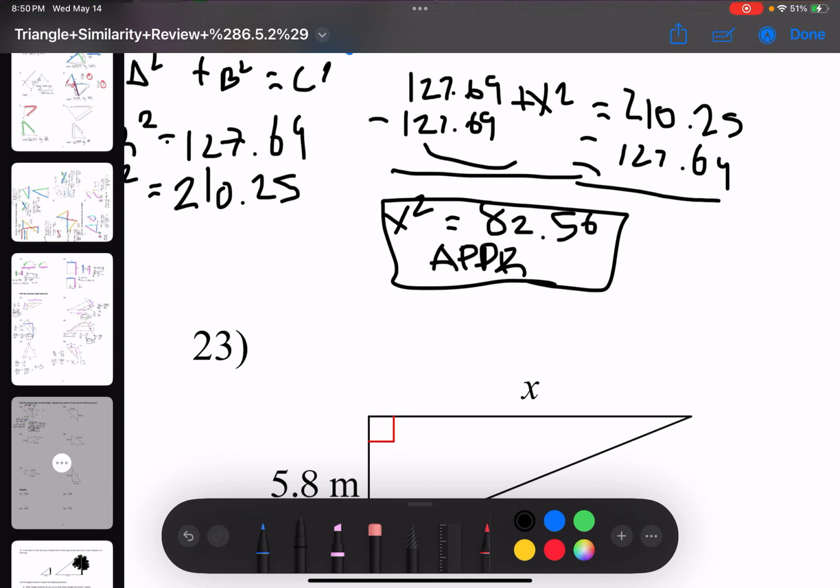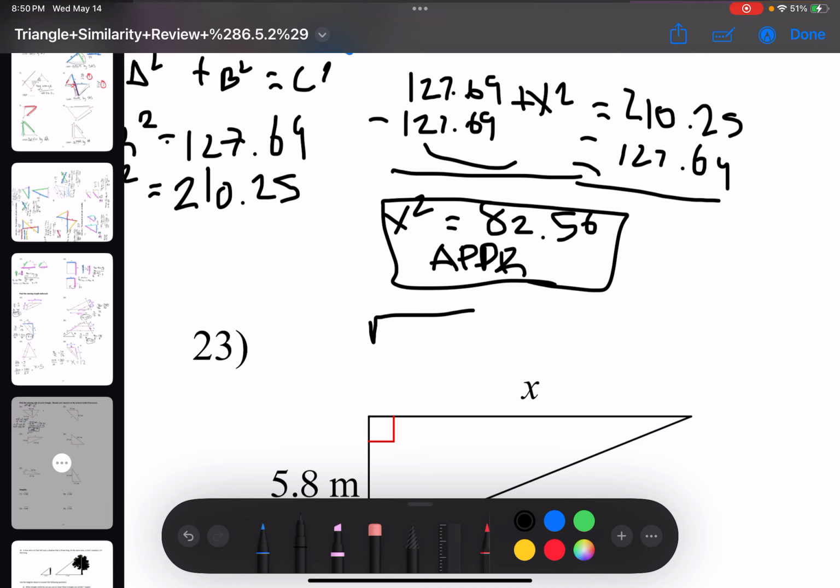So then we're gonna square root it. How do I square root on my phone? Oh, did I find it out? 2.56.